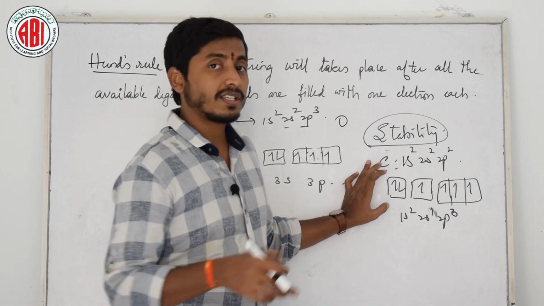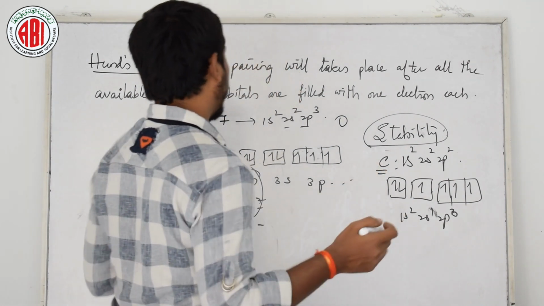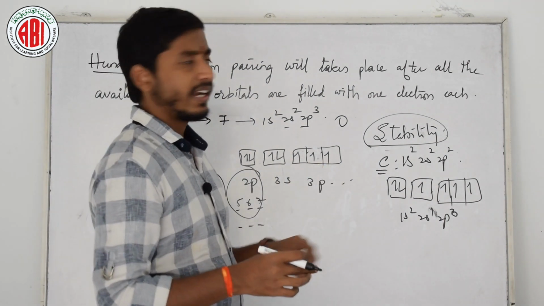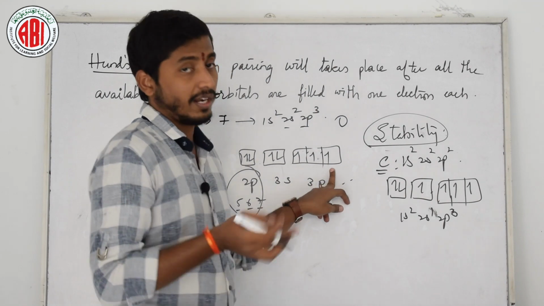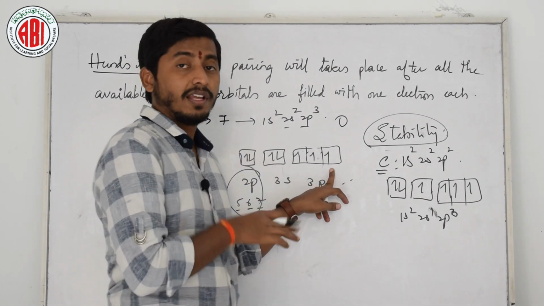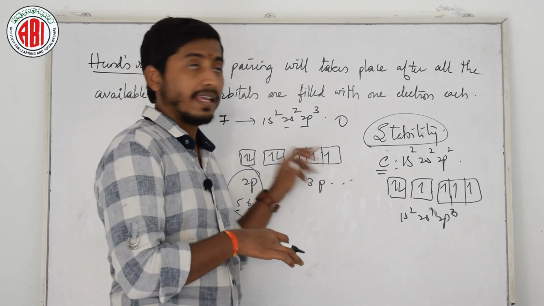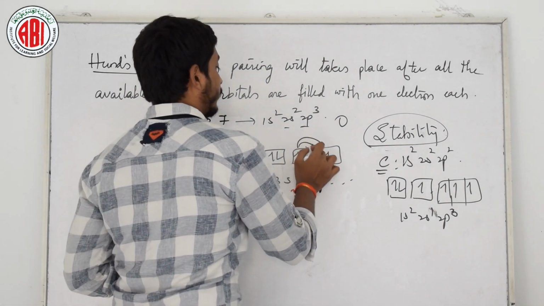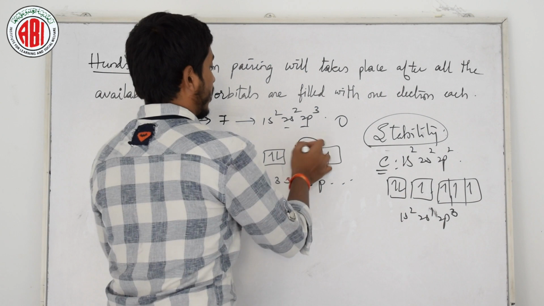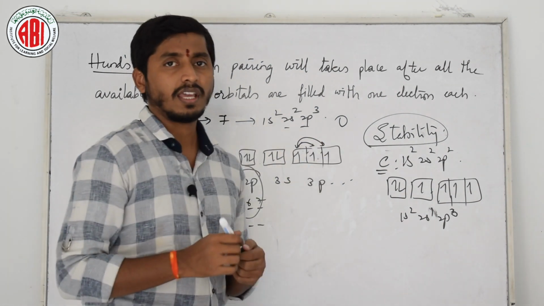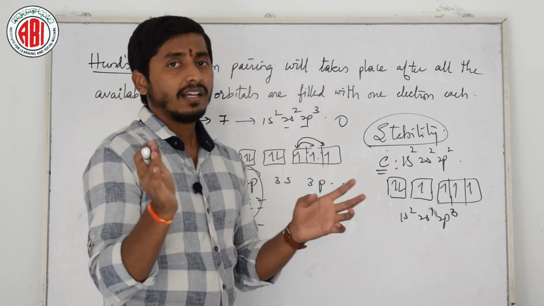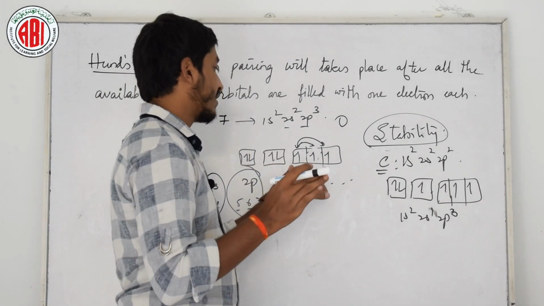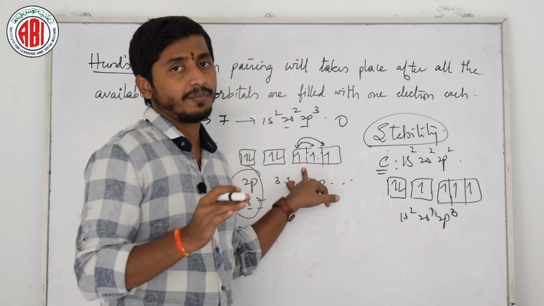And there is one more chance: if there are these many electrons, and these all have the same spin, right? These all have the same kind of energy, or else these are in the same orbital with the same spin, then they can exchange their energy, right? This can go to that, or that can go to this. Okay, they themselves can exchange the energy, right?